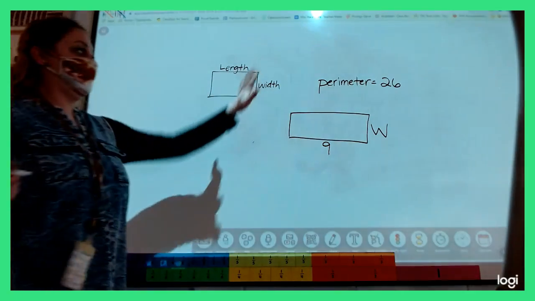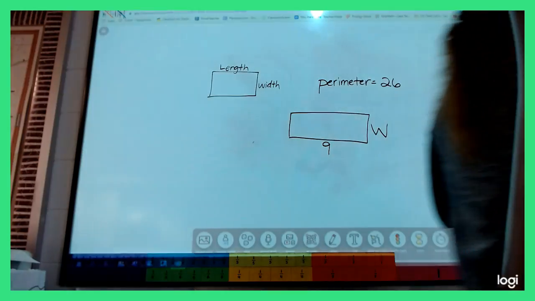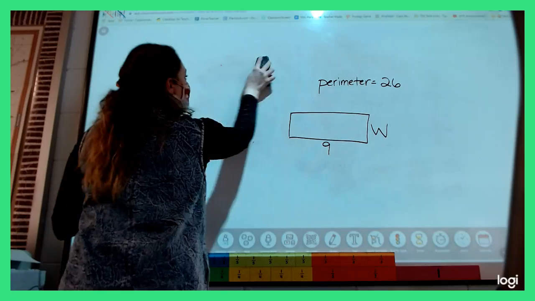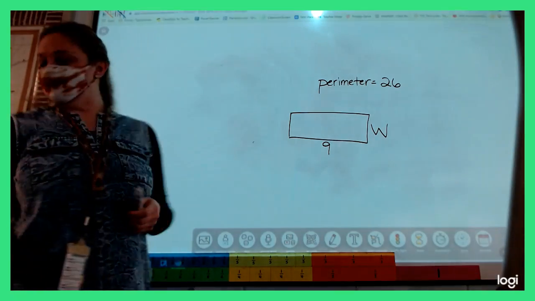All right, copy down all this information. I'm going to erase this at this point so we're not having too much on the board. So copy all of that down.